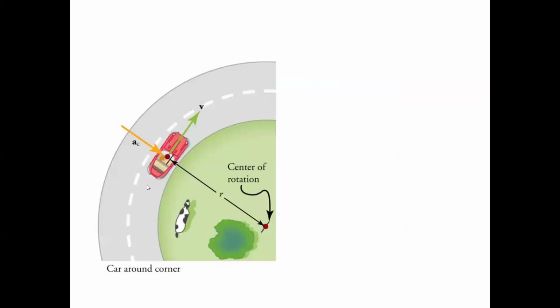Here we see a car going around this circular path. There is a centripetal acceleration pushing the car towards the center, and the distance from the car to the center is the radius. The tangential velocity at this point represents the instantaneous velocity that this car is moving at in this location.